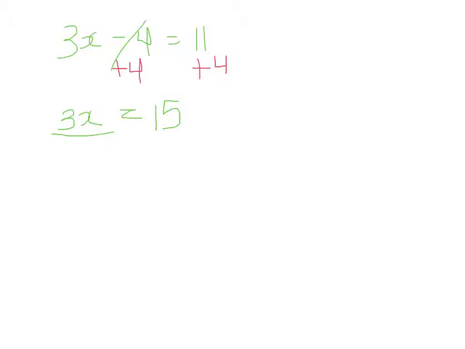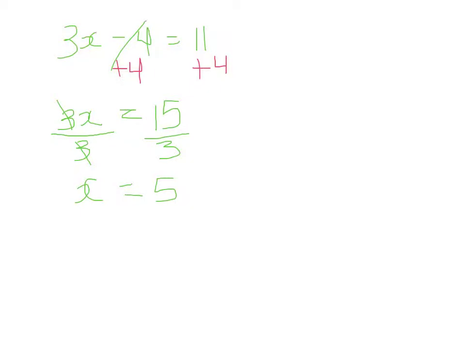But I have the 3 there, so I need to divide by 3. And what I do to one side of the equation, I do to the other side of the equation. So when I rewrite this out again, I know that 3 divided by 3 equals 1, so I'm just left with 1x equals 15 divided by 3 equals 5.